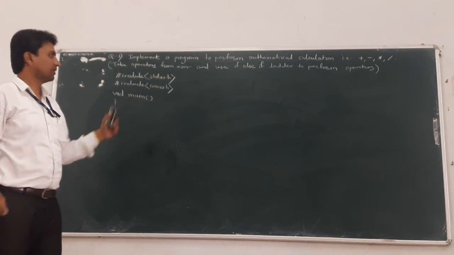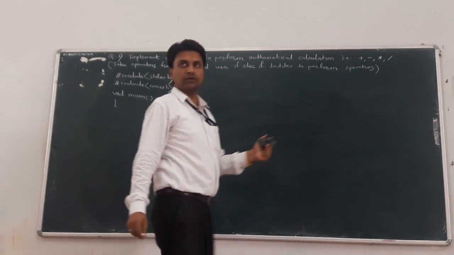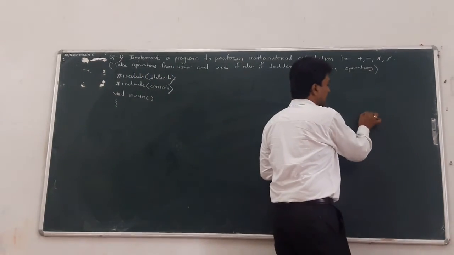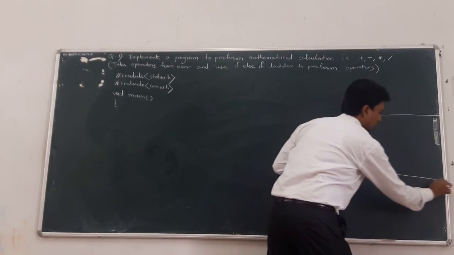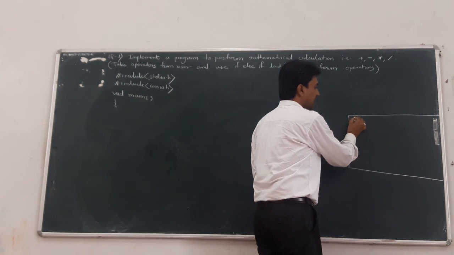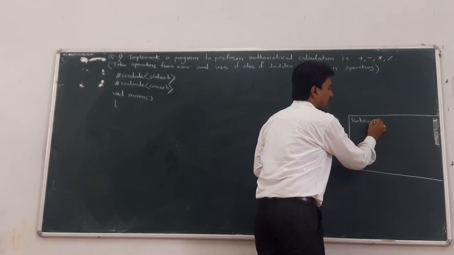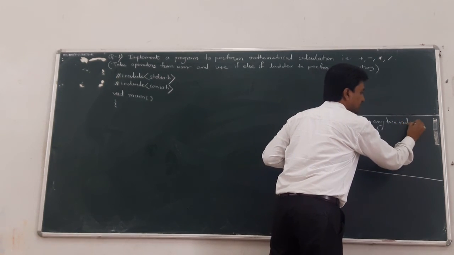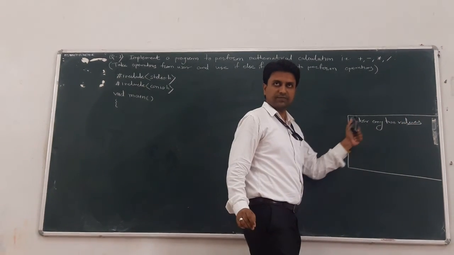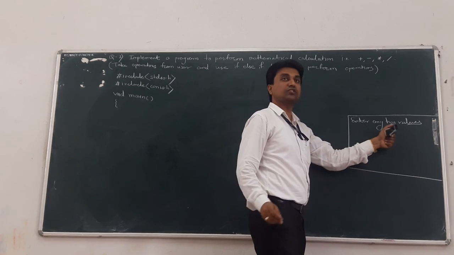After that, before writing code, what is the exact output on the console or text mode window? So the first message is "Enter any two values." Okay, this is the message. Enter any two values, means two operands.